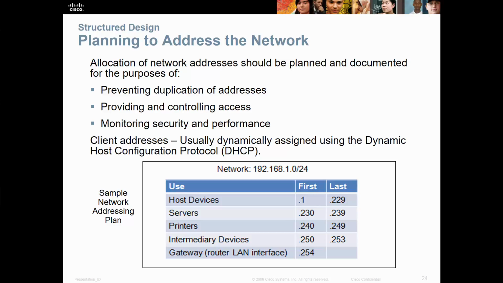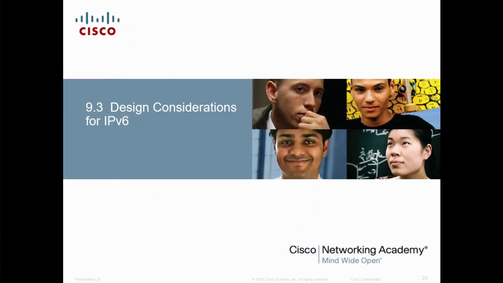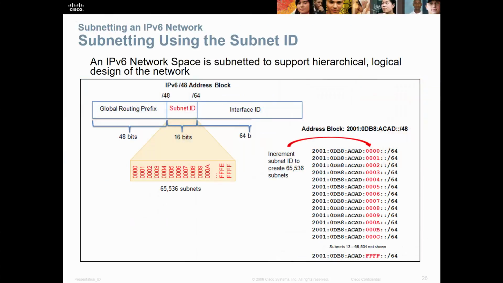You just have to document and be consistent. For example, in our environment, I like to use between 240 and 250 for all of our printers. I like to use 253 as our gateway. I like to use a specific range of addresses, but it doesn't really matter how you do it as long as you stay consistent.